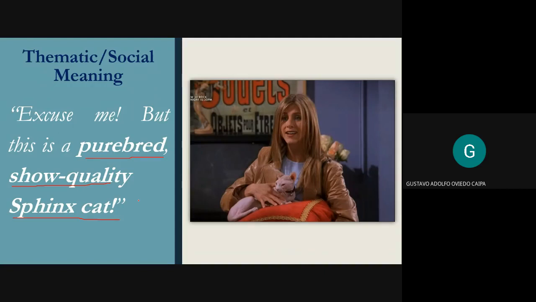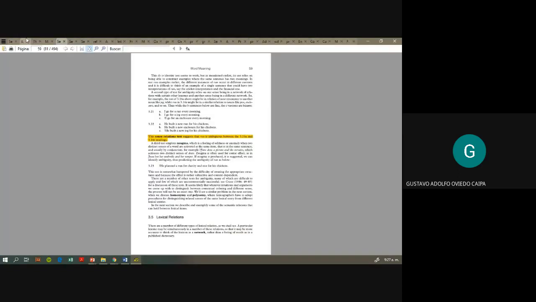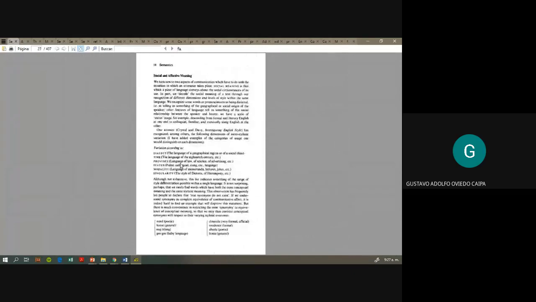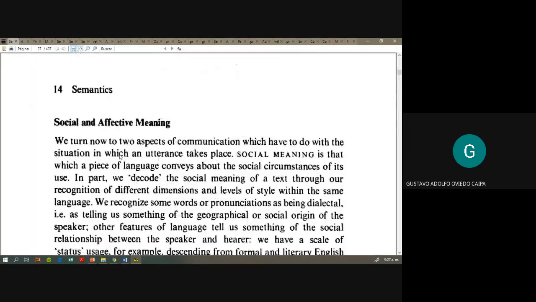Remember that social meaning also distinguishes different fields, like different spheres. So in this case, it is distinguishing the field of cat breeding. Let me see if I can find it really quickly. In terms of stylistics, okay, here it is.